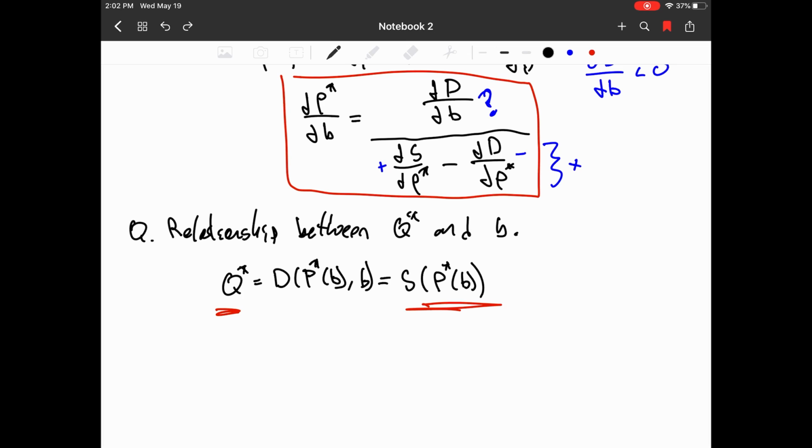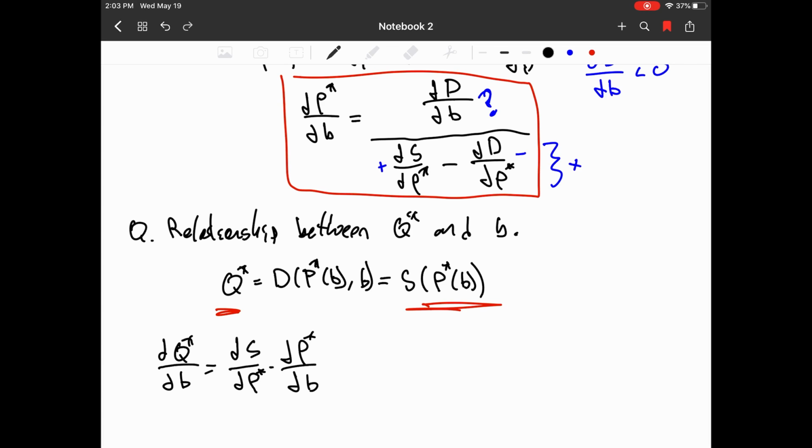And so the thing we're doing here, similar to what we did above, is to try to find the derivative of Q star with respect to B. And to do this, again, we're going to use the chain rule. So we have ds dp times dp db. Okay. So we don't have to do a lot of simplification here.